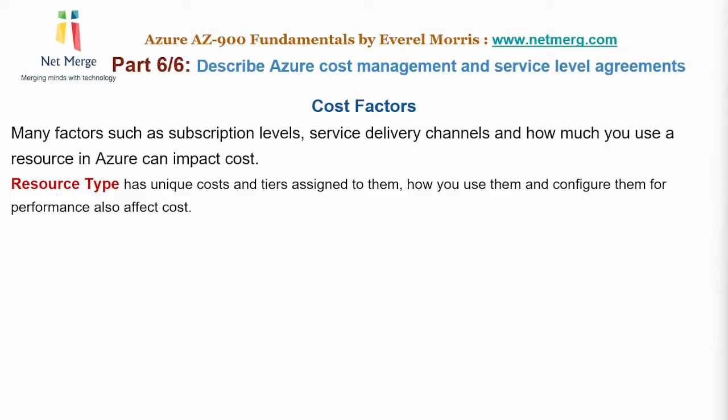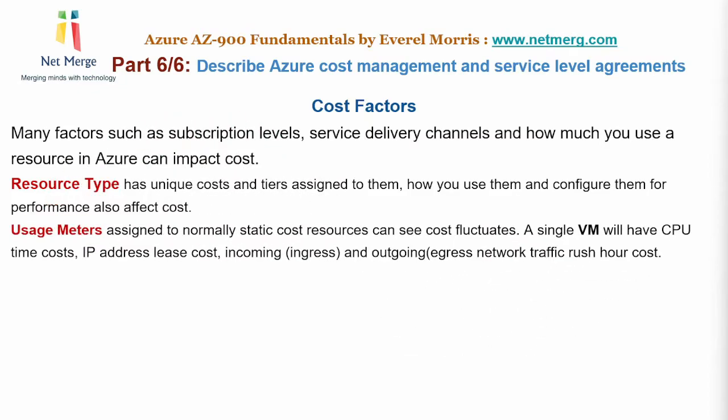A resource type has a unique cost, and most resources are built on a tier process. So how you use them and how you configure them for your performance is also something that can affect your overall price. So even though you use a calculator and you get a good understanding, these things can change the dynamics of cost on the actual calculator itself.